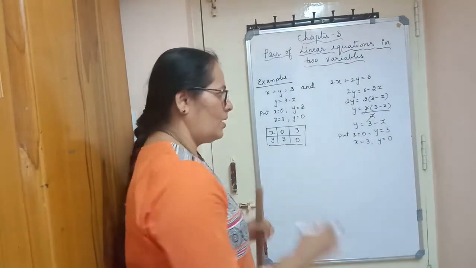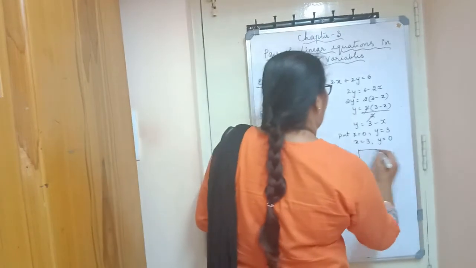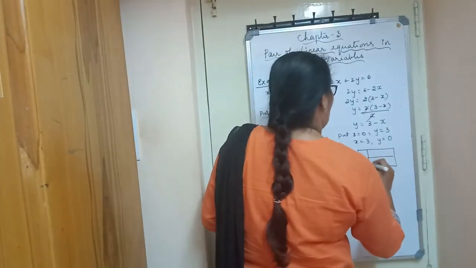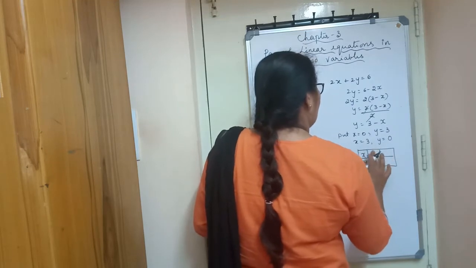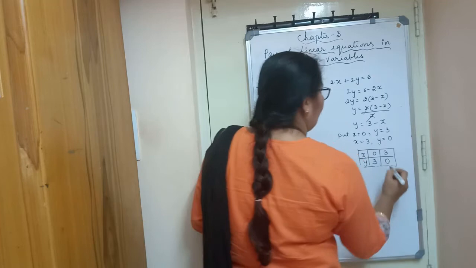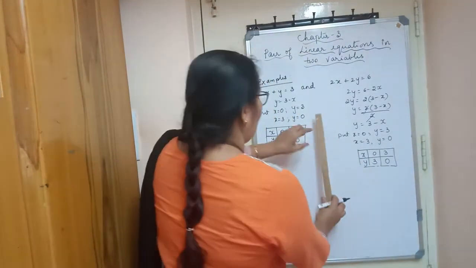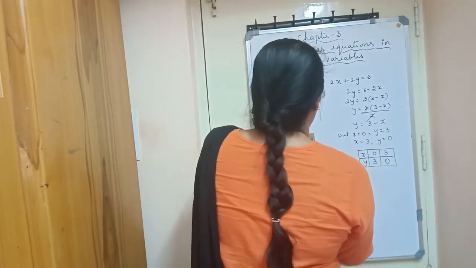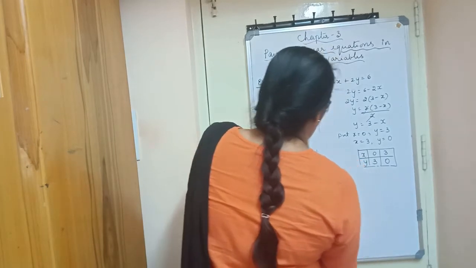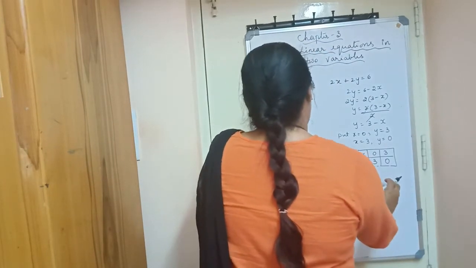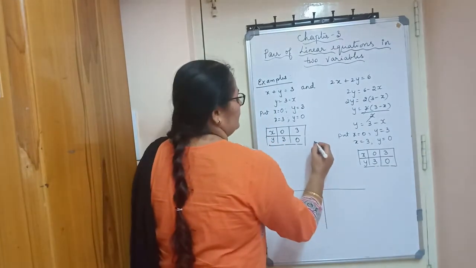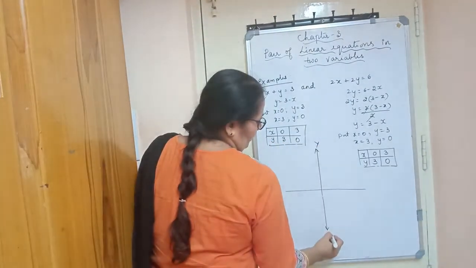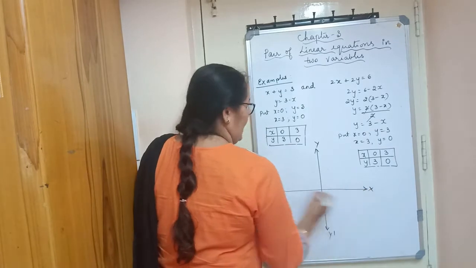Now, if you plot the graph for this: when x is 0, y is 3, and when x is 3, y is 0. So this is y, y dash, x, x dash.